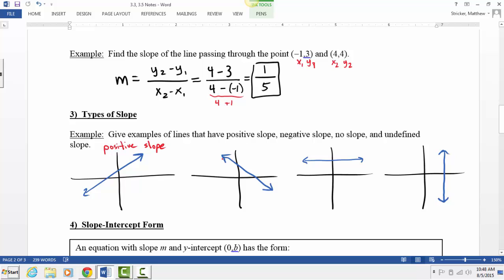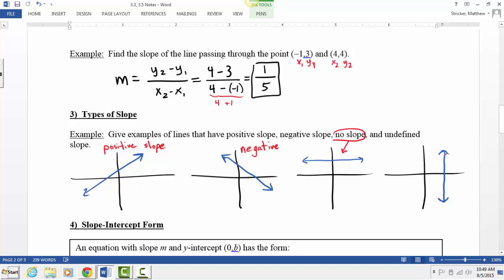As opposed to the next line, you're driving down the line, that's going to be negative slope. These first two lines, there's some steepness there. You're going up a hill, down a hill, there's steepness, there's slope. But the third line, there is no steepness, it's a flat road. So that's going to have no slope.